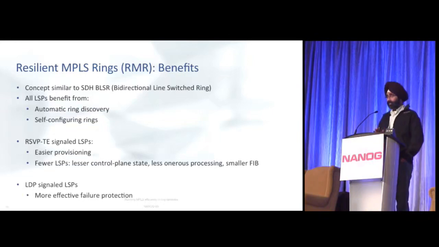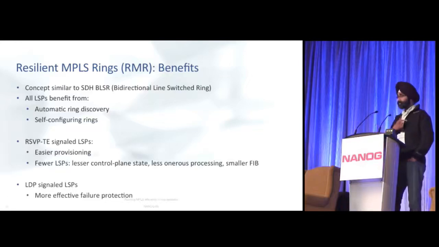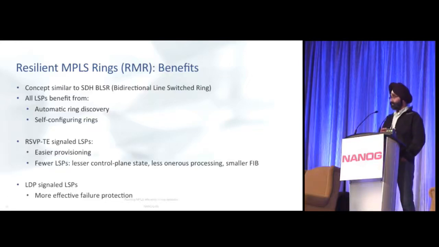And with RMR, provisioning RSVP LSPs in the ring becomes much easier compared to provisioning RSVP LSPs that exist today. Today, the order of n square LSPs that we talked about, each of those has to be individually configured. With RMR, that need to individually configure LSPs goes away.